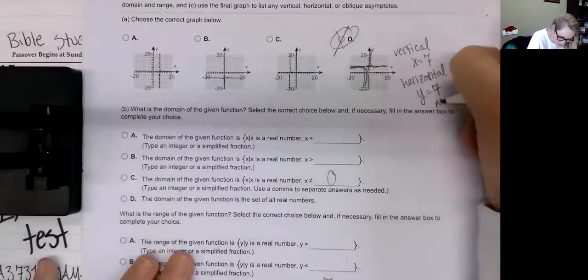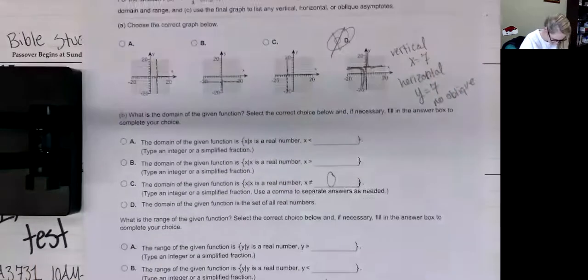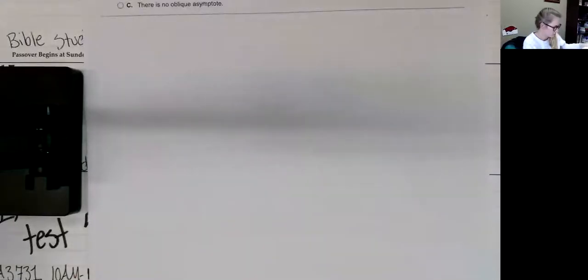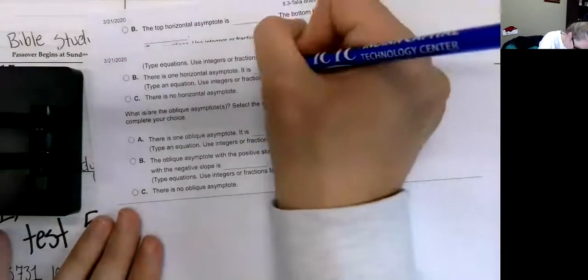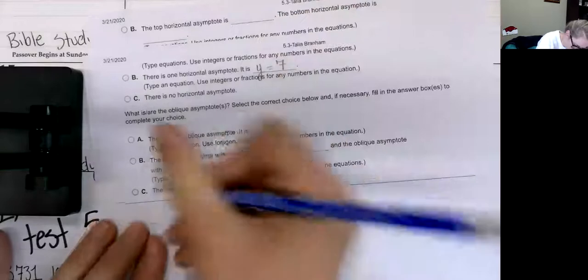And so no oblique. And I'll go ahead and fill in these spots when y'all are looking at them. Lord, I hope I put them in there in order. Horizontal is y equals 7, and there is no oblique.